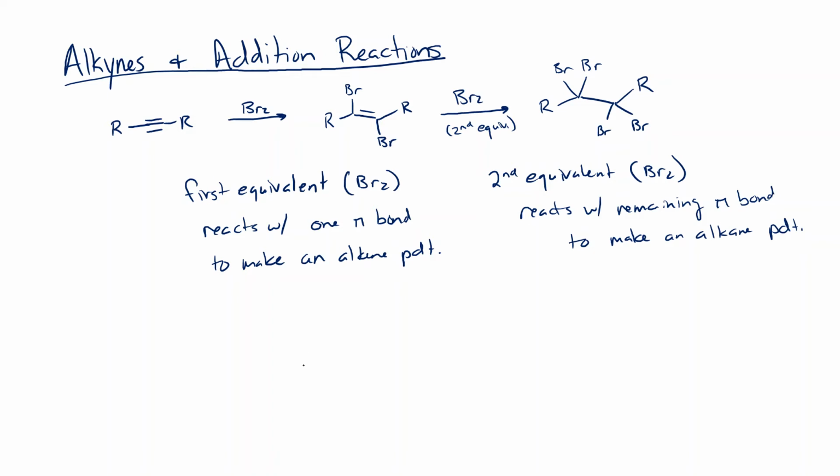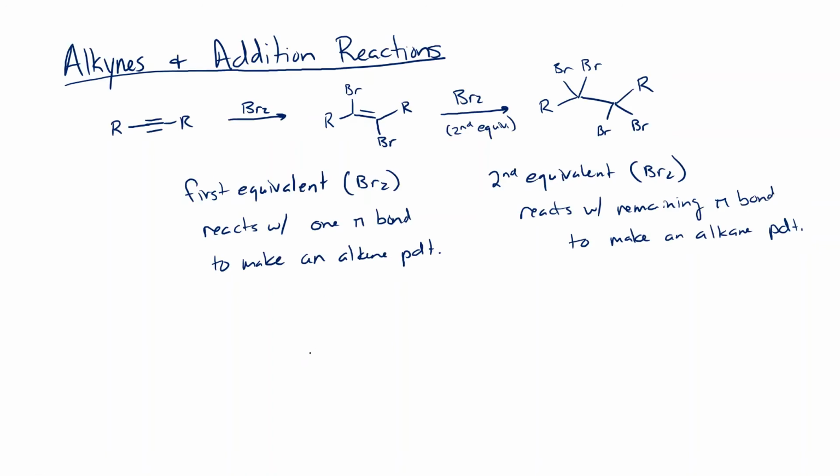We can, if we're very careful, stop this reaction halfway through. So with bromination, if you are very careful and you say Br2 and you specify that you're only adding 1 equivalent of bromine, you will see only this product that comes out.